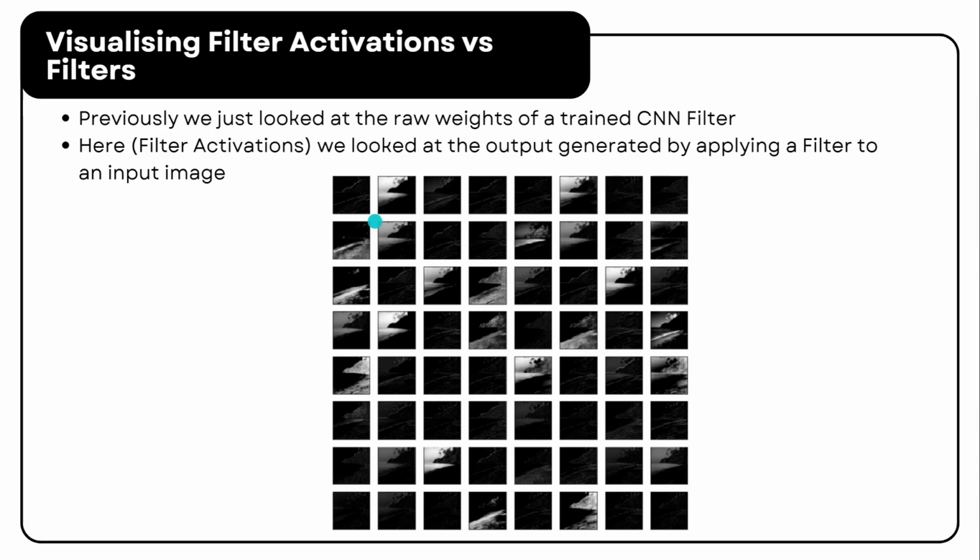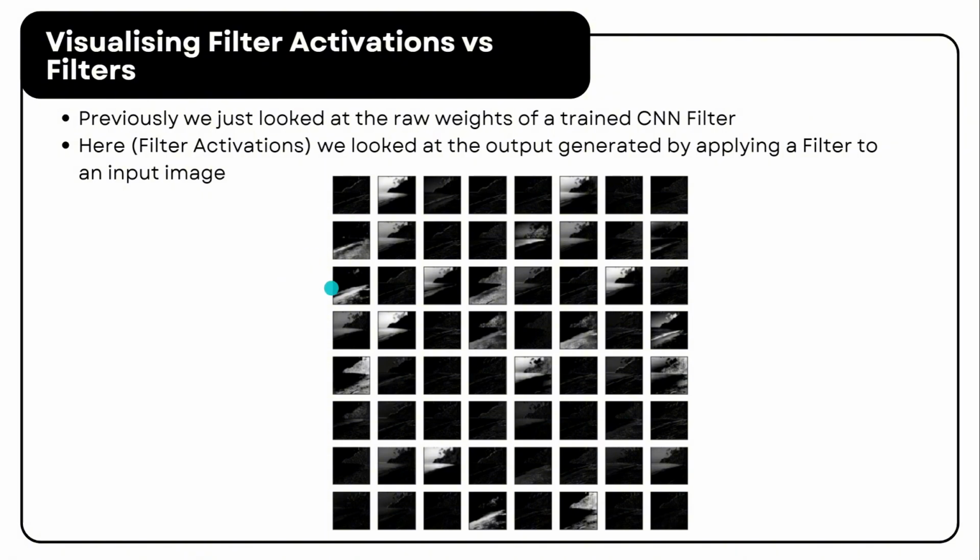When we pass the beach image through the CNN, different filters activate depending on what parts of the image match their learned patterns. Now, just to clarify something important: in the previous section, we were looking at the raw filter weights.